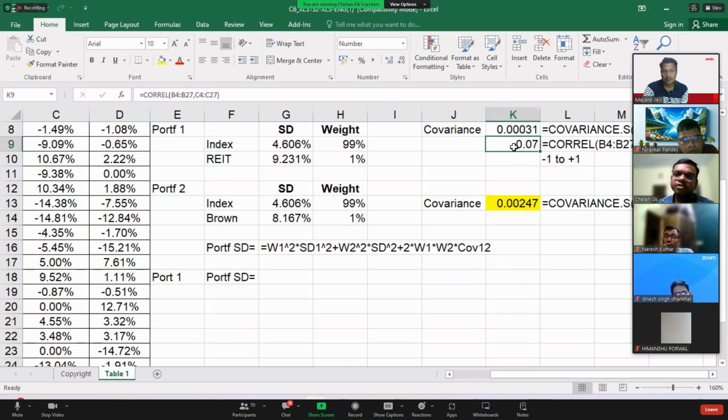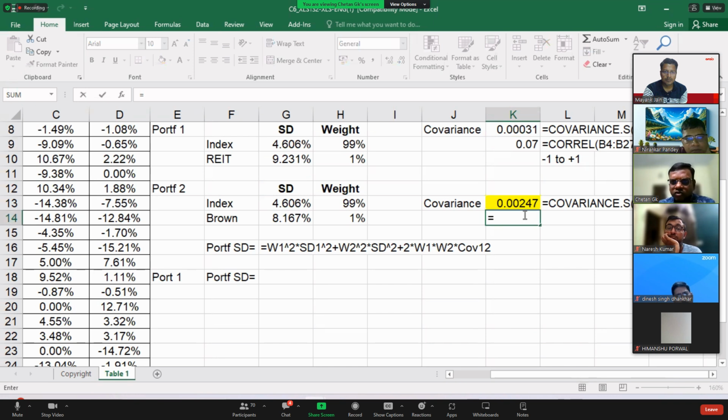It is almost zero, which means there is no correlation between the index and the REAT stock as such. Which means if the index goes up, we can't say that REAT is also going to go up or not. Correct? Let us compute the other one also; I think this will be more or less the same.